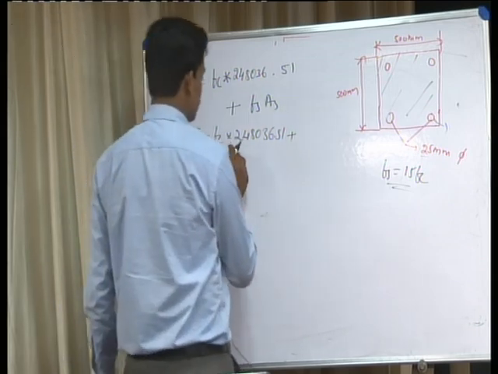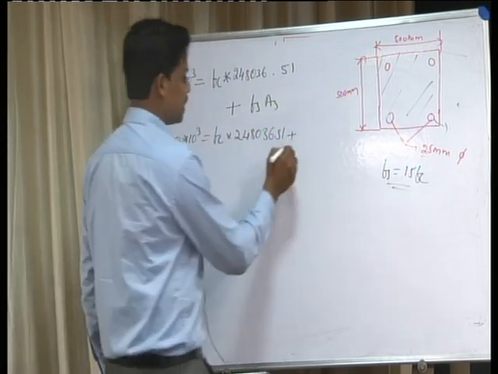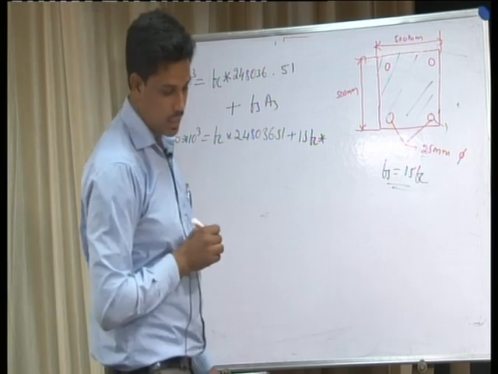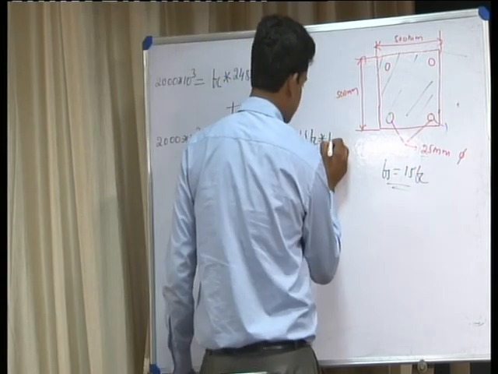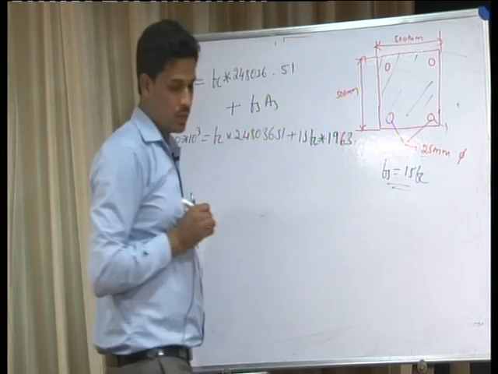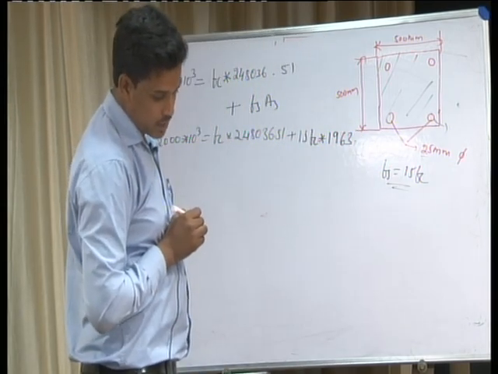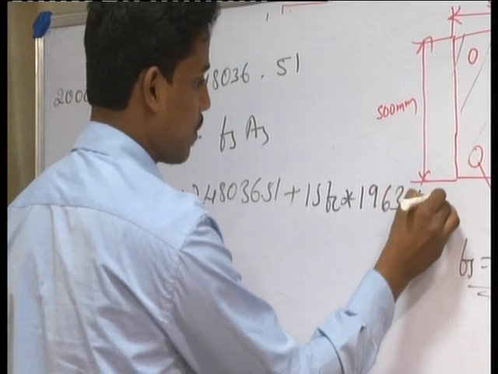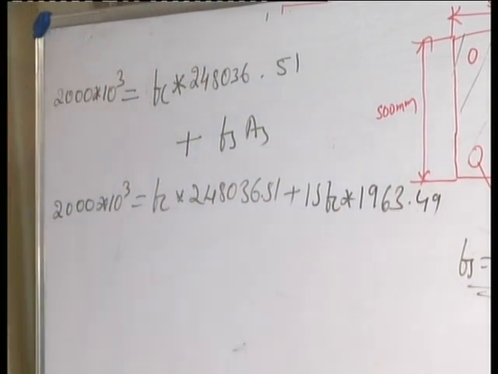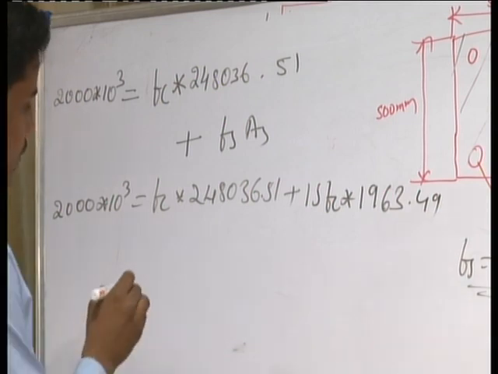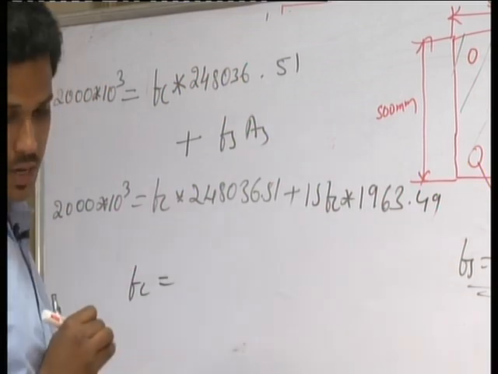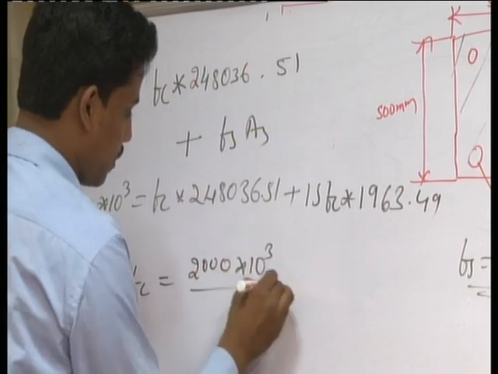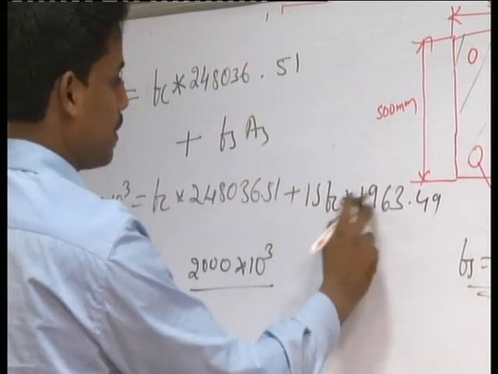So 2000 into 10 to the power of 3 is equal to Fc into 248036.51 plus 15 Fc into the area of steel, 1963.49. If you solve this, we will get Fc as 2000 into 10 to the power of 3 divided by the sum, multiplying 15 by 1963.49.